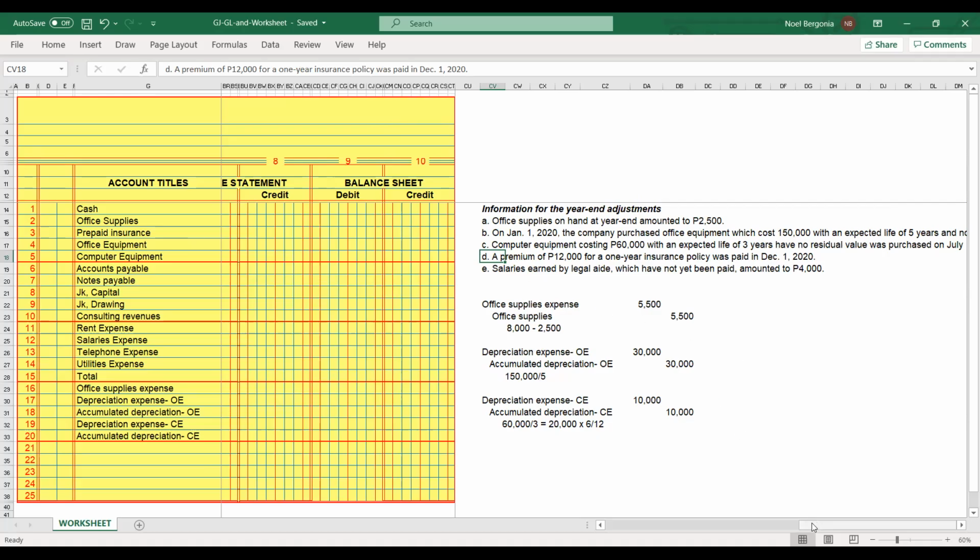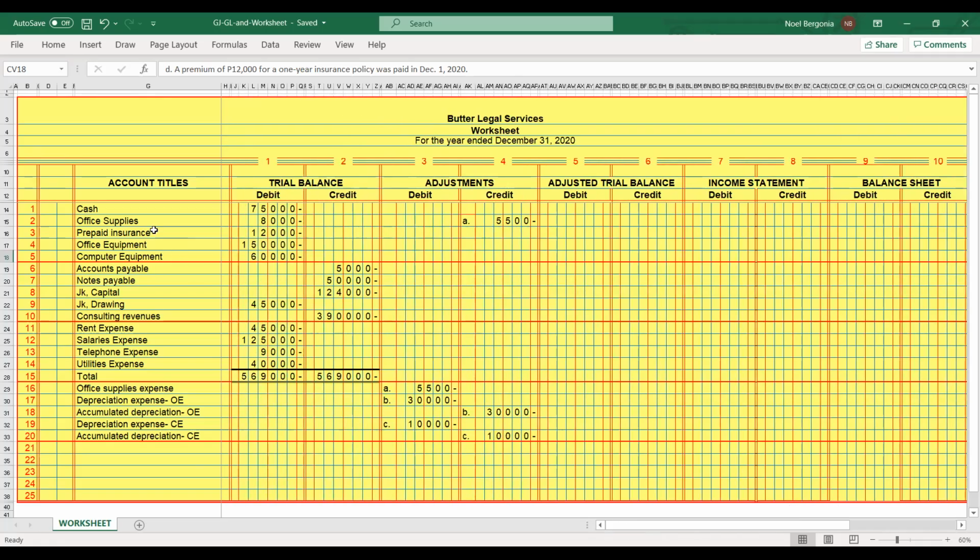Tignan ulit natin yung trial balance. As you can see in the trial balance, what is given na amount was actually the prepaid insurance account. So since prepaid insurance account was given, it means that we have initially recorded our prepaid insurance as an asset. So since asset yon, then we will be using the asset method, and what portion will be adjusted? You are correct, yung expired portion.